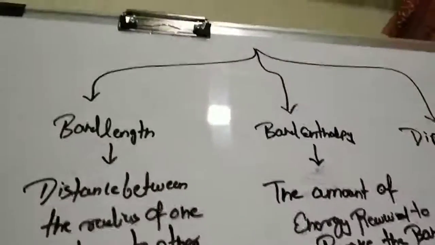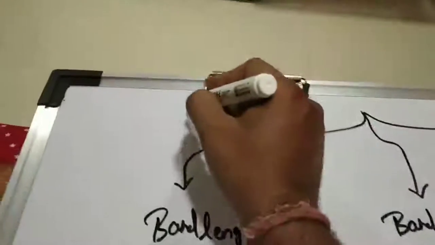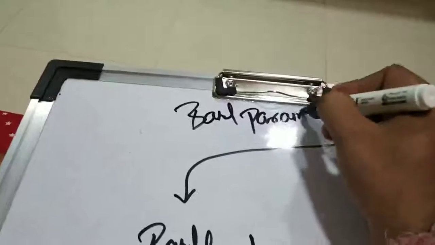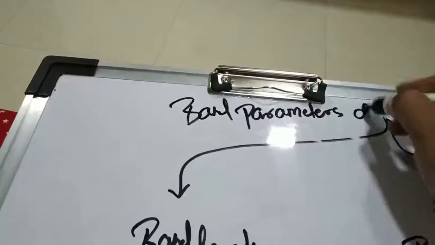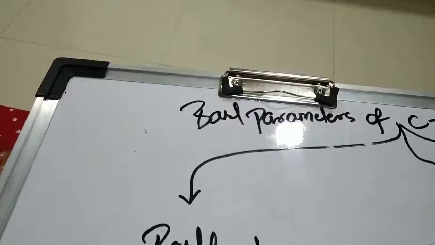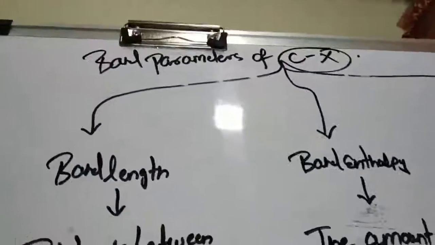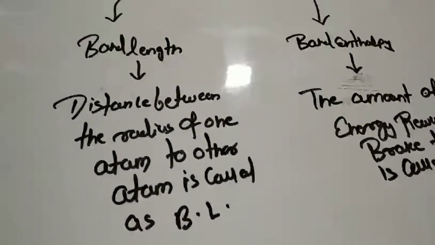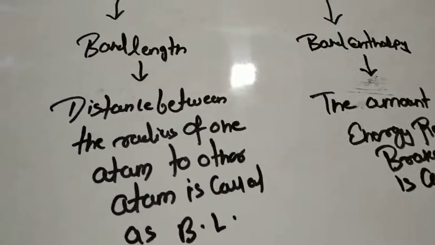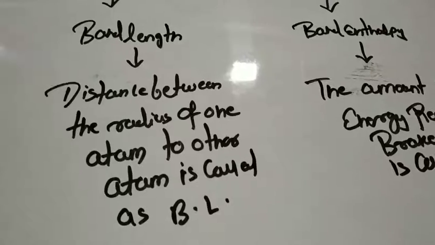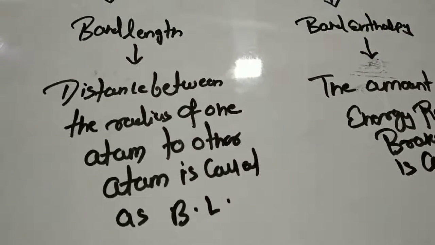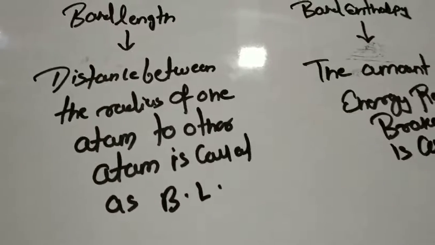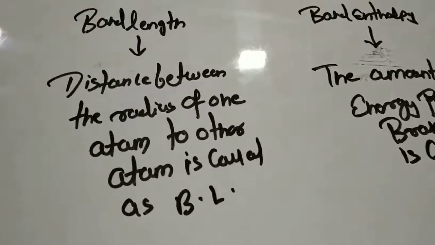So you have to remember these bond parameters. You can give the heading as bond parameters of CX bond, right? That is the carbon and halogen bond. Now here when I talk about the CX bond, we have to understand the bond length properly, right? So what is the trend of the bond length in this particular CX bond? The bond length depends upon the size. So what happens as we go down the group?